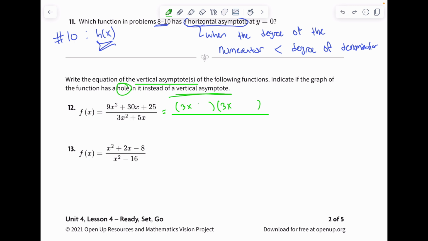So I would say this is going to be a plus and a plus. And I want a 5 and a 5. And let's just check that out. This is 3x squared plus 15x plus 15x, that's 30x, so bingo. And then the bottom, I can factor out an x, and I'm left with 3x plus 5, okay?